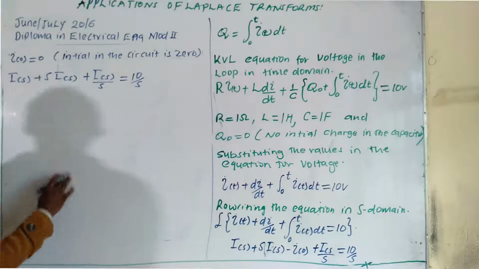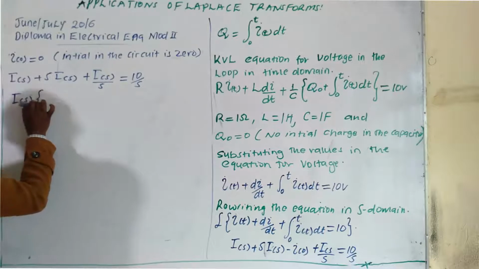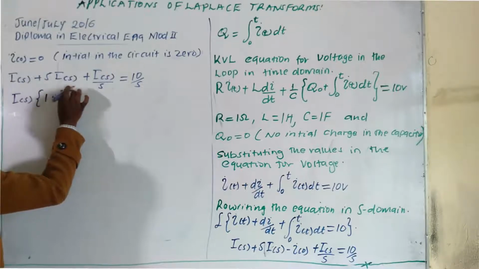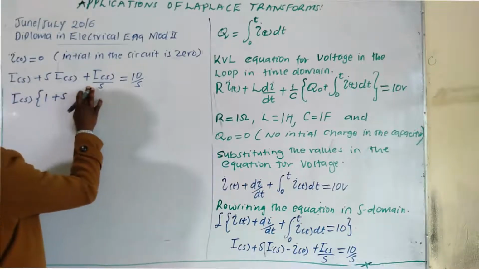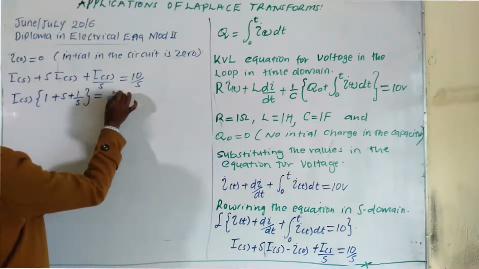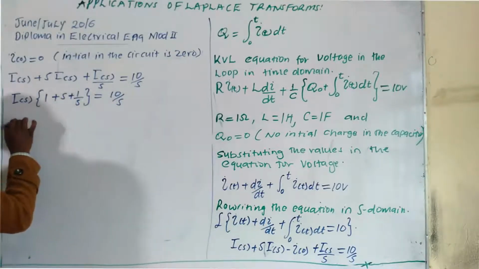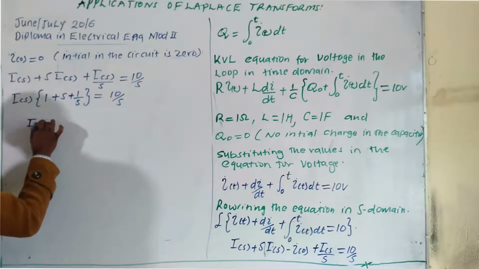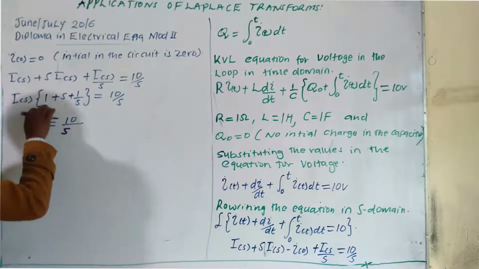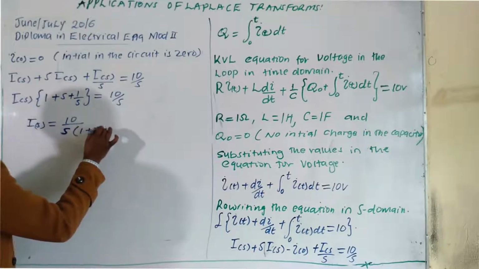Let us factor out I(s). Here you factor out I(s), we get 1. Here you factor out I(s), we get s. Here you factor out I(s), we get 1 over s, is equal to 10 over s. Let us divide both sides with this expression. I(s) is equal to 10 over s, divided by 1 plus s plus 1 over s.